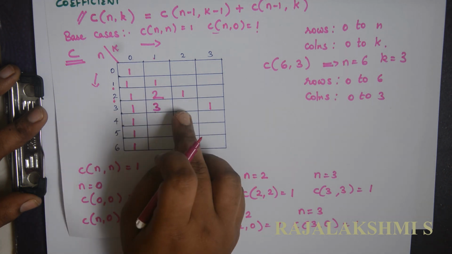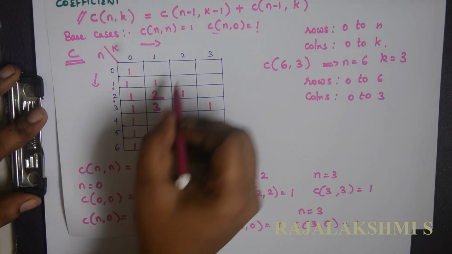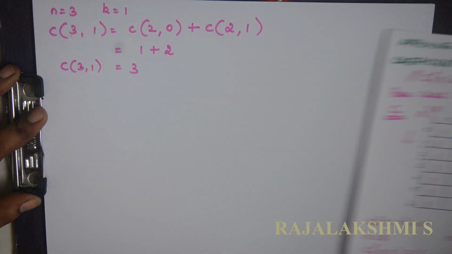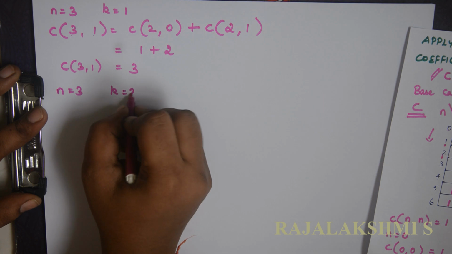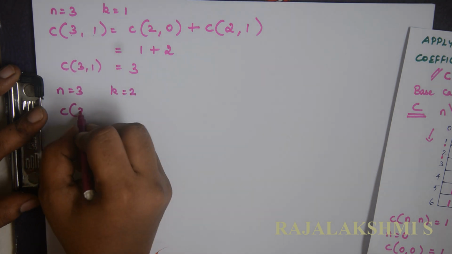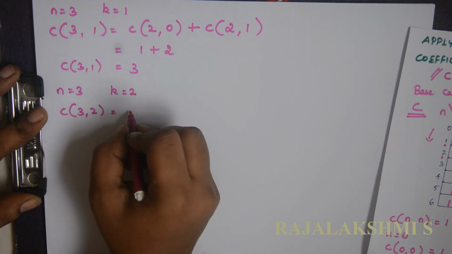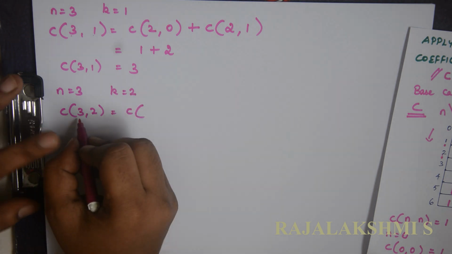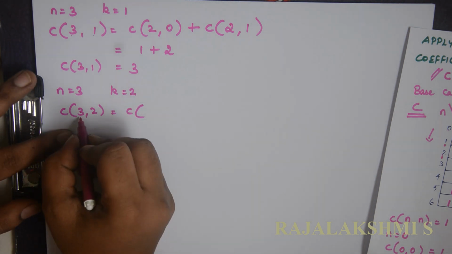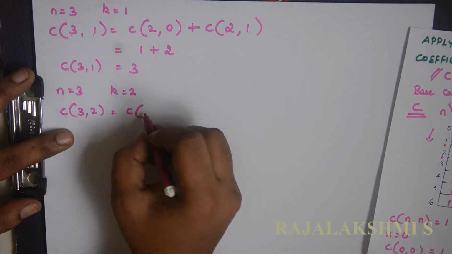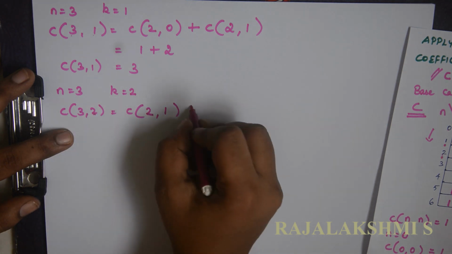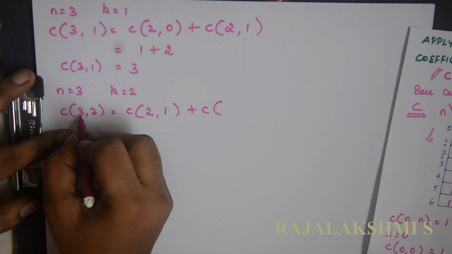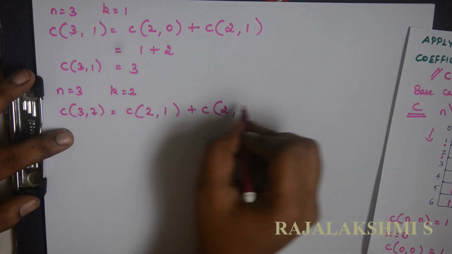So the next value we should find is when n is equal to 3 and k is equal to 2. So C of 3 comma 2 is equal to C of n minus 1 comma k minus 1. So it is n minus 1, in the sense 3 minus 1, which is 2, k minus 1, which is 1, plus C of n minus 1, which is 2 comma k, that is 2.